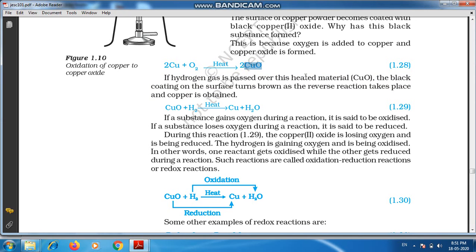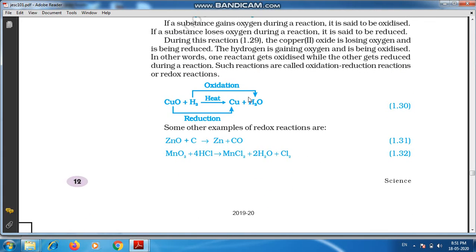Such a reaction where addition of oxygen takes place is said to be an oxidation reaction. And where oxygen is being removed, it is said to be a reduction. Oxidation reaction and reduction reaction are also called redox reaction. You can see over here CuO plus H2, both oxidation and reduction take place in one reaction.